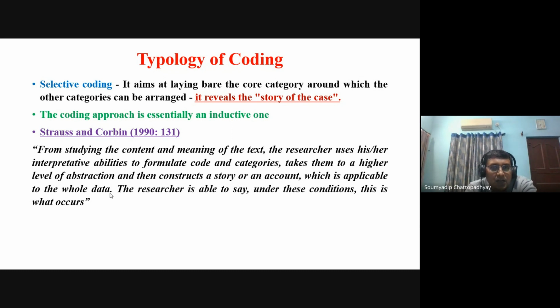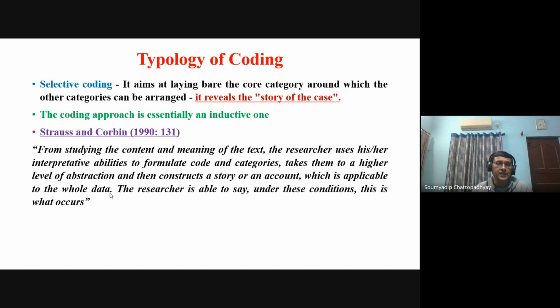From studying the content and meaning of the text, the researcher uses his or her interpretative abilities to formulate the codes and categories, takes them to a higher level of abstraction, and then constructs a story or an account which is applicable to the whole data. The researcher is able to say, under this condition, this is what occurs.